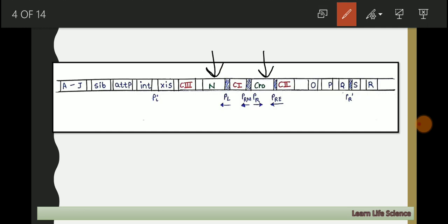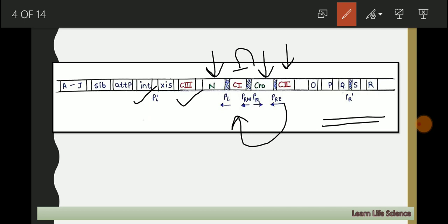Okay, I have told you CRO encodes a protein that inhibits C1, and then I have discussed about the delayed genes which involved C2 genes, which acts as an activator for C1 as well as the int gene. Then C3 gene is also a delayed gene that is involved in stabilization of C2. Okay, so these are the other genes that is localized apart.